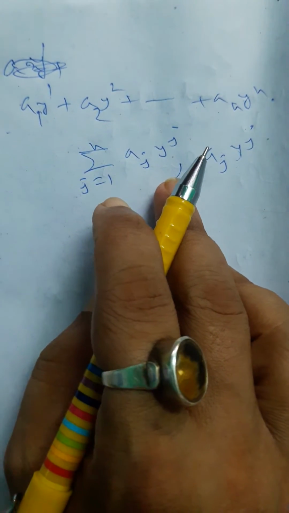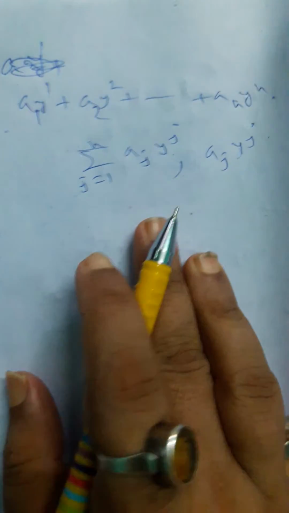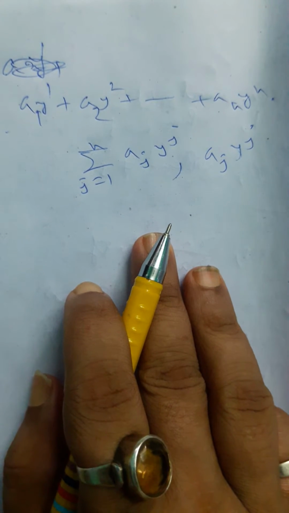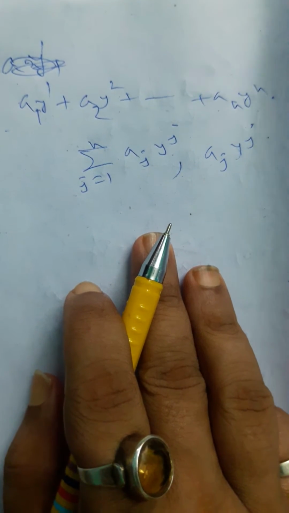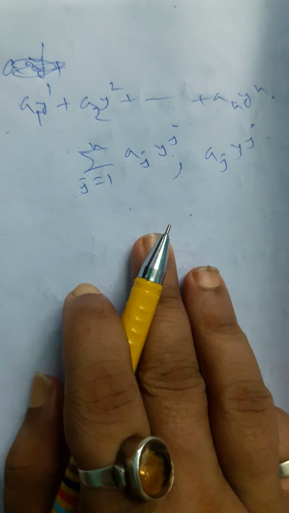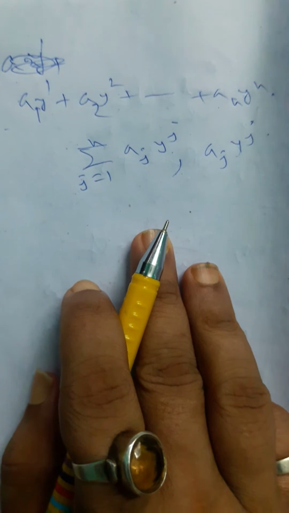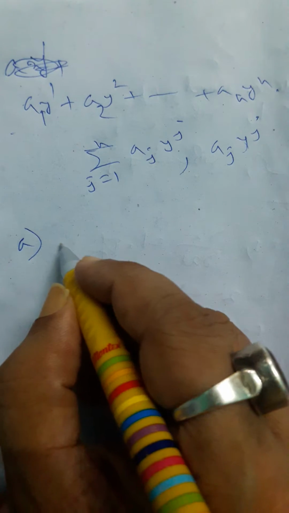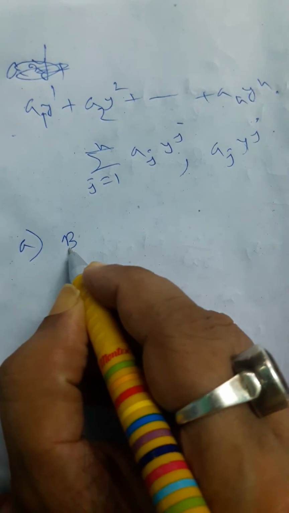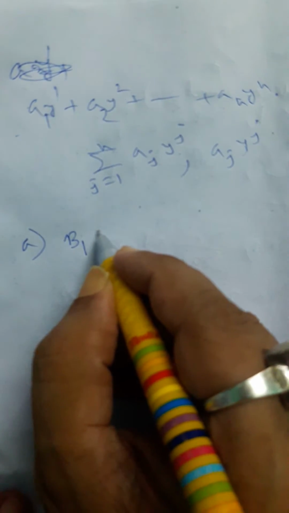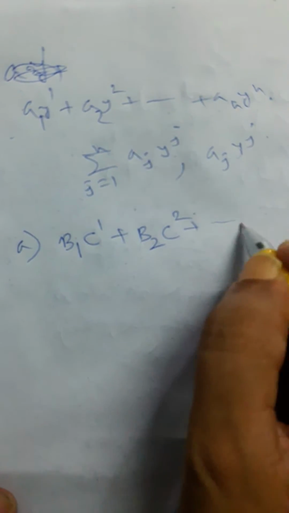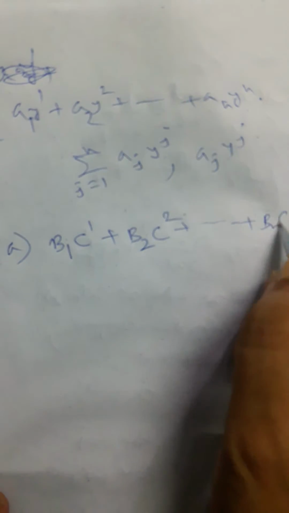Now we should use all these summation conventions and see how to write them. Suppose we write b1c1 plus b2c2 up to bncn.